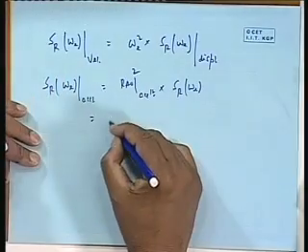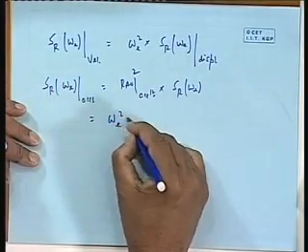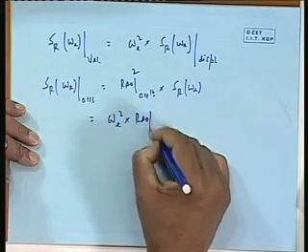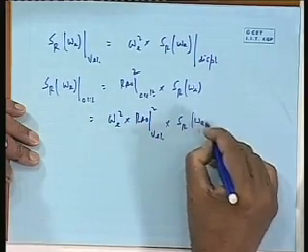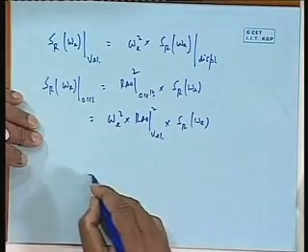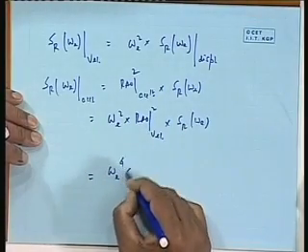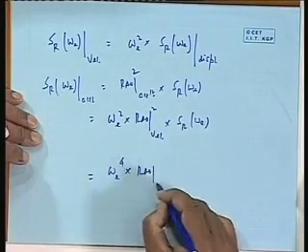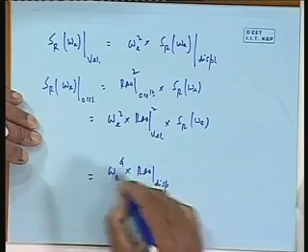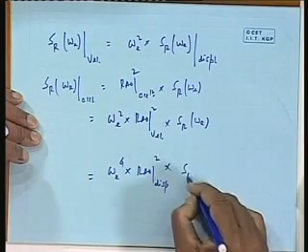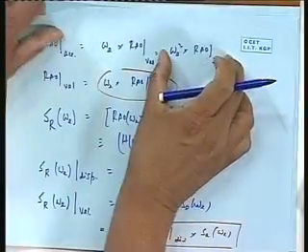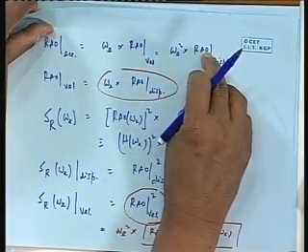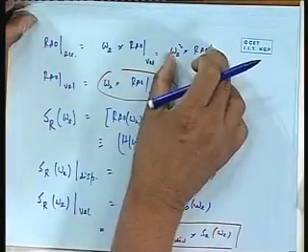That means it can be written in two steps: omega e square into RAO velocity into SR omega e, or as omega e to the power 4 into RAO displacement square into SR. Why is it 4? Because if you square that, omega e to the 4 into RAO square comes in.